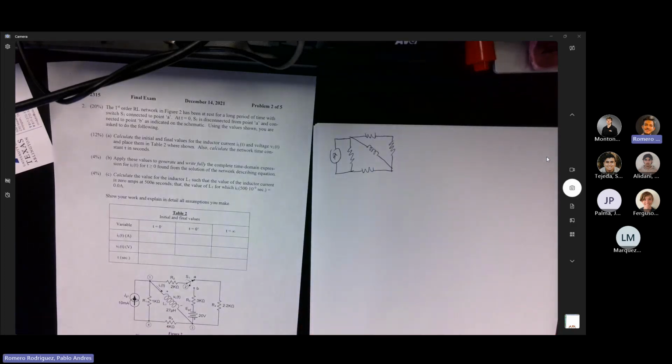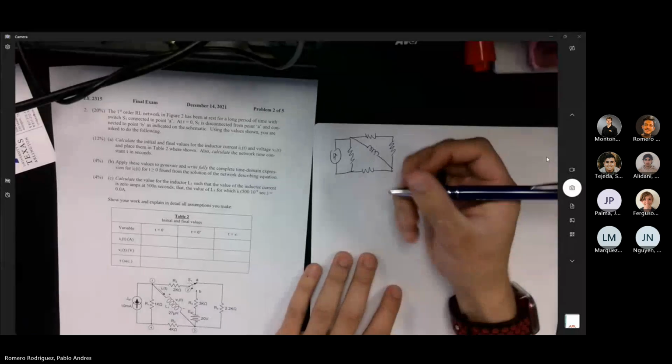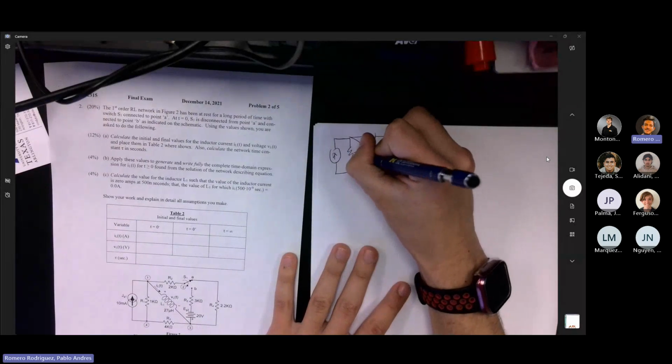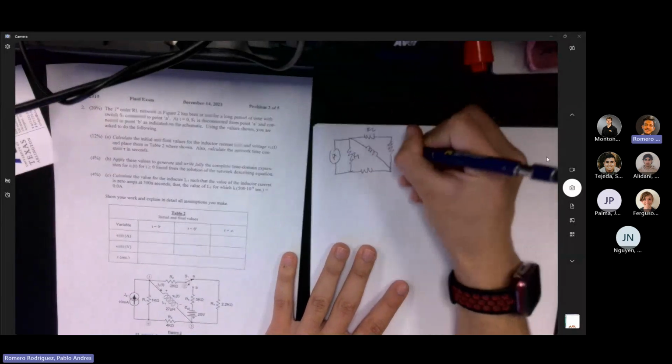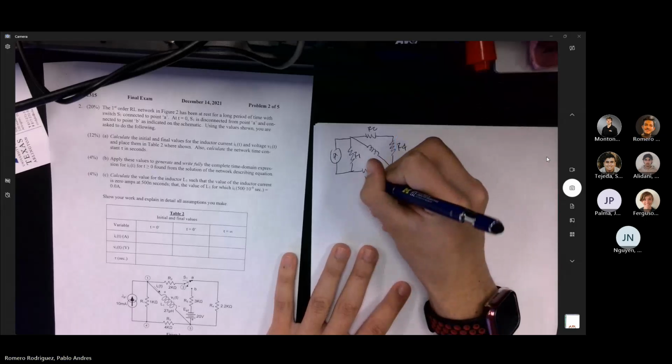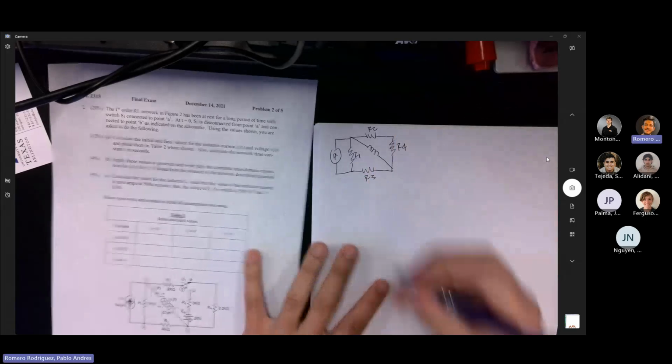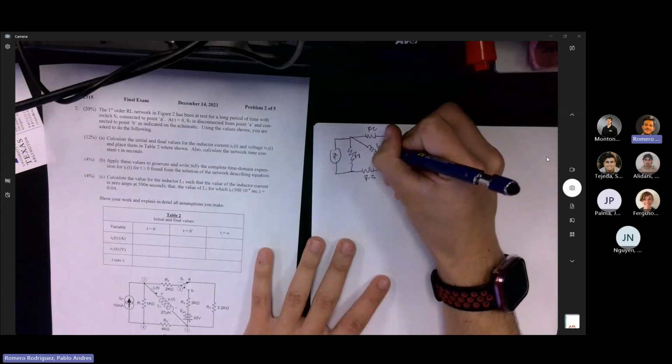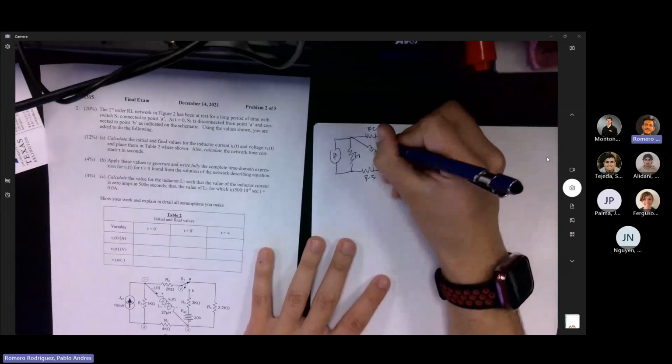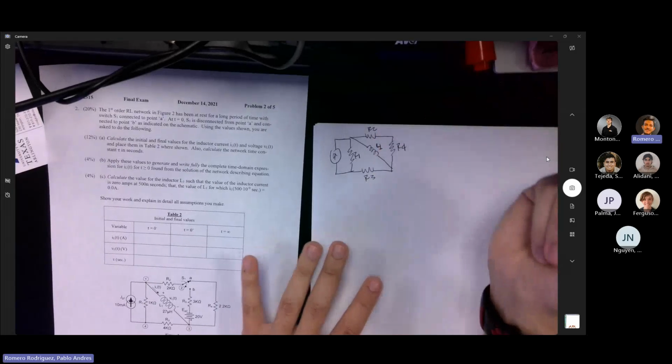Technically, I have that network. Let me name stuff. So this is R1, this is R2, this is R4, this is R3. And this is your inductor L1.